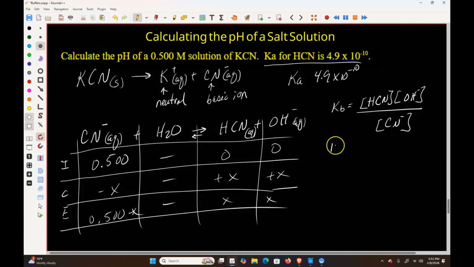So I'm going to say 1 times 10 to the negative 14 divided by 4.9 times 10 to the negative 10. That's going to give me my Kb of 2.04 times 10 to the negative 5.